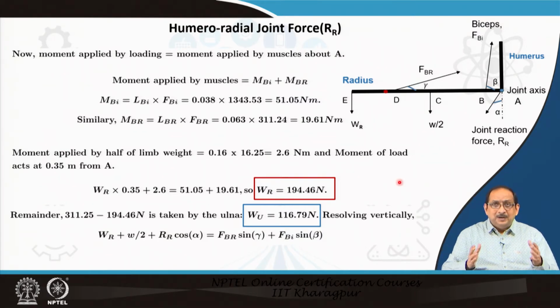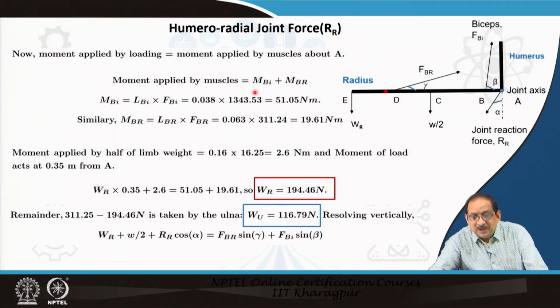Applying the earlier principle, which states that the moment applied by the external loads is equal to the moment applied by the muscles about the joint axis at A. The moments applied by the muscles are the moment generated by the biceps and the moment generated by the muscle brachioradialis.